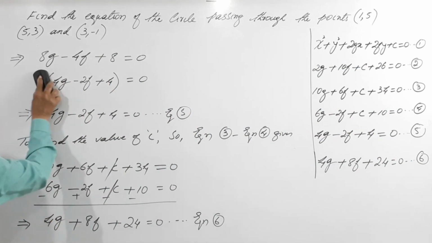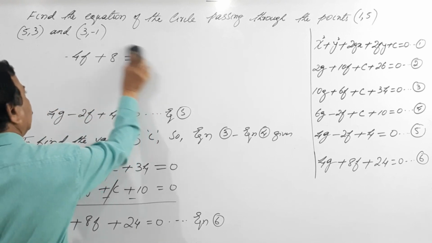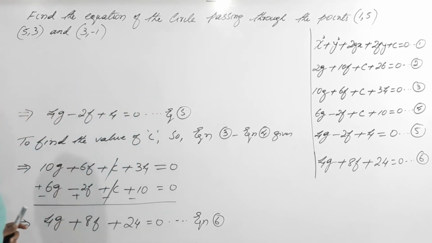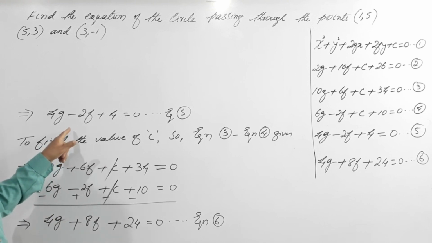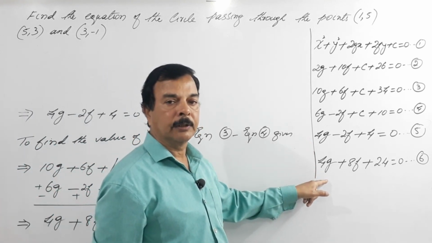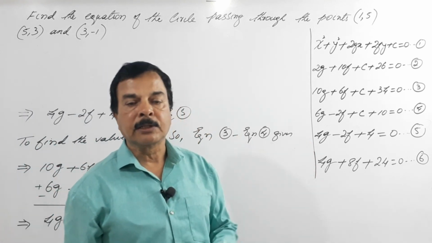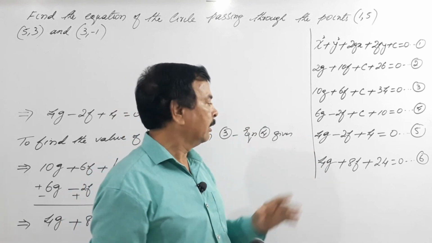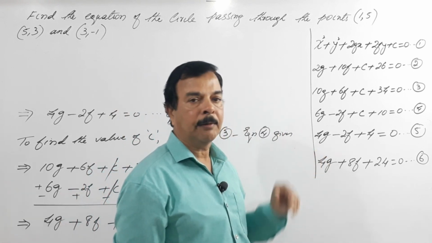So I rub this. Dear students, I told you why I took 2 as common: because I wanted this 4G, since here also we have 4G, here also we have 4G. That's why experience counts and a good teacher counts. If I had taken 8G, again there would have been problems.